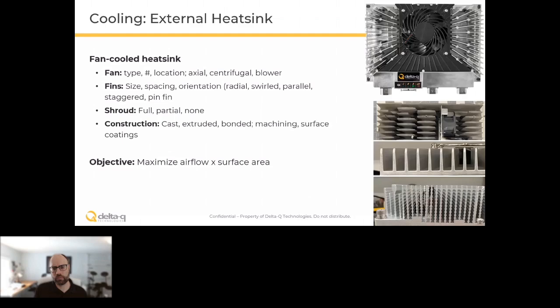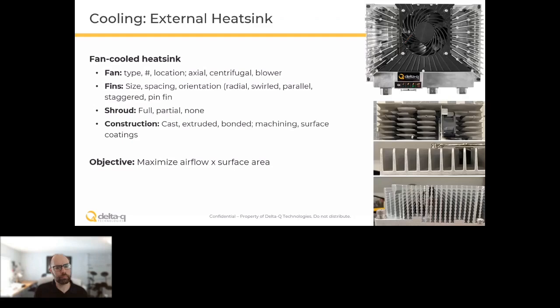But with an extrusion, the aluminum is higher density, higher thermal conductivity, and you could have much smaller feature sizes. You don't have the same draft angles, so you get a lot more fins closer together. And then finally, there are surface coatings and machining on these castings and these heat sinks.